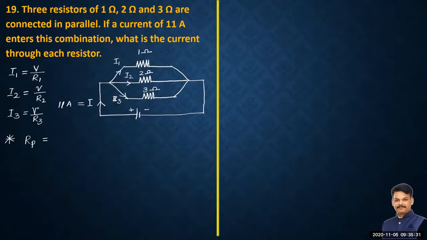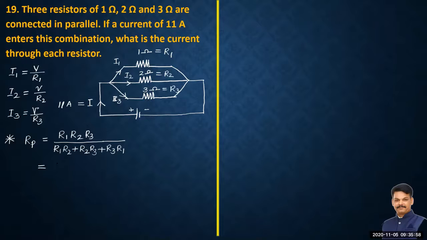In case of 3 resistors, we know the formula: R1 R2 R3 divided by R1 R2 plus R2 R3 plus R3 R1. Now substitute the values. 1 ohm is R1, 2 ohm is R2 and 3 ohm is R3.